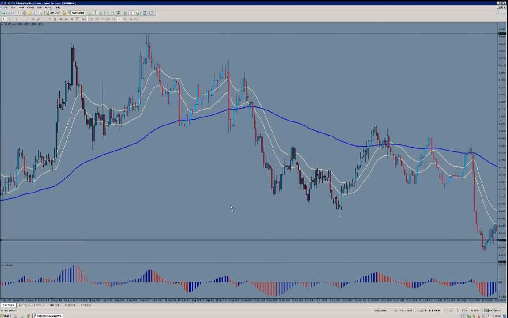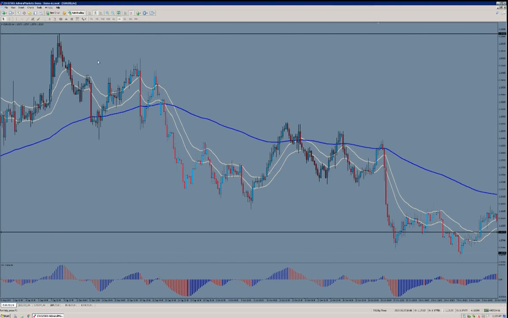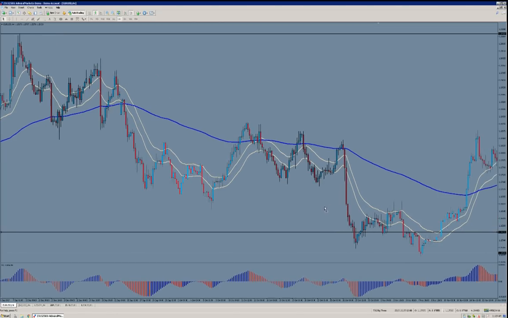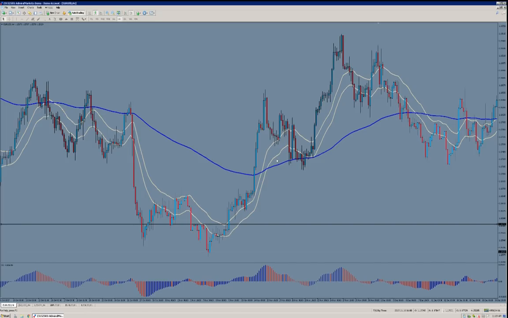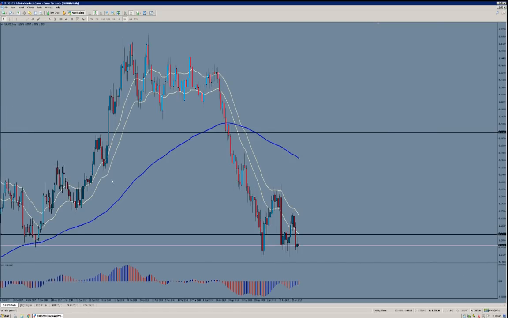So during this period here, not that useful at that time. So you've got to decide on what time frame it is always, and therefore decide which moving averages of which time frame to use. That's very important.